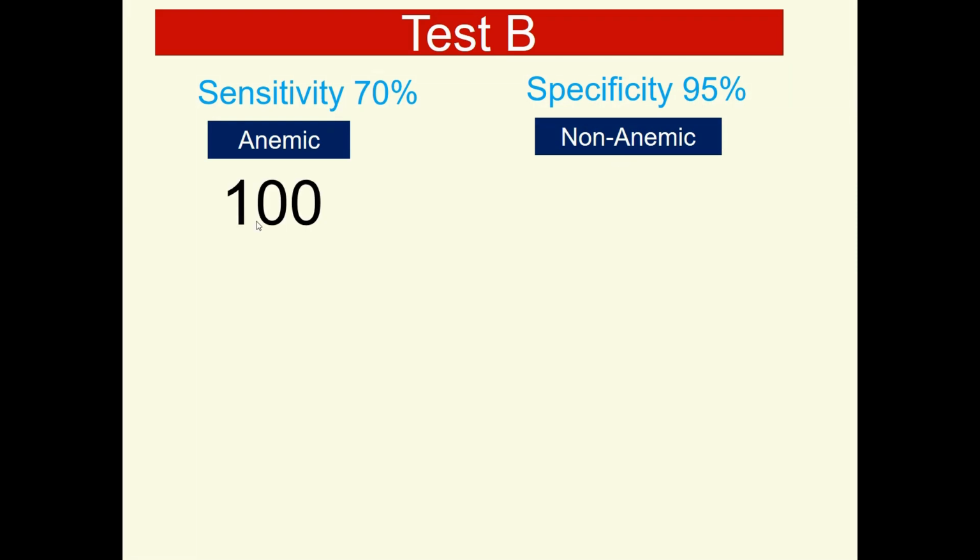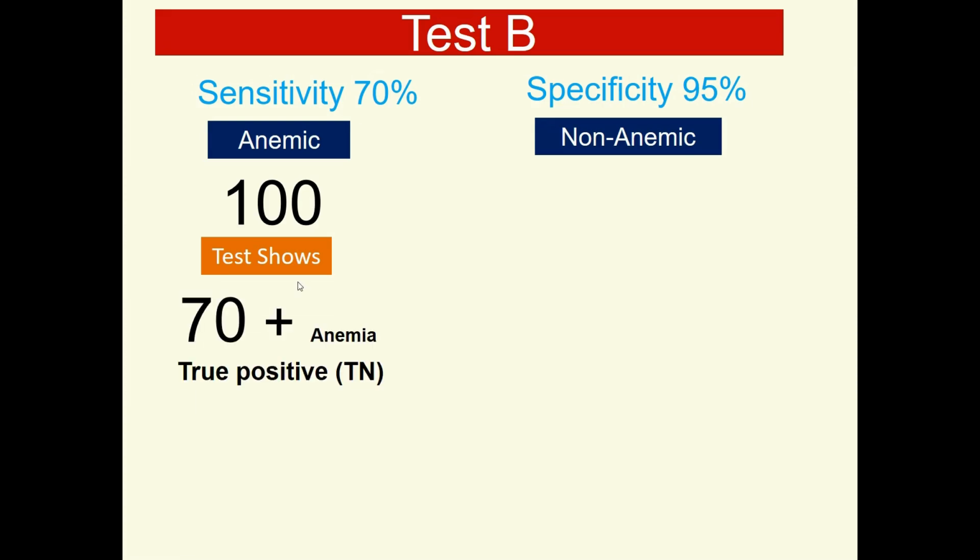There are 100 in the anemic group, and with a sensitivity of 70, 70 of them are captured as positive anemic. That is a true positive. However, 30 of them have been missed. Even though they have anemia, the test shows non-anemic. Therefore, it is considered a false negative.